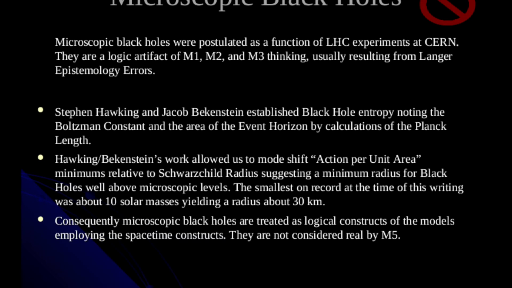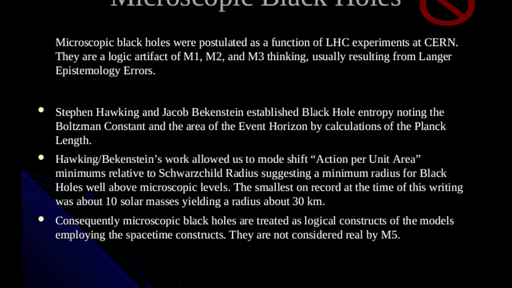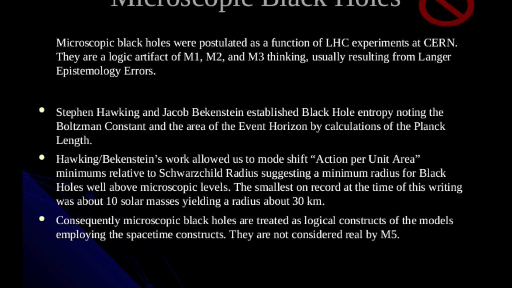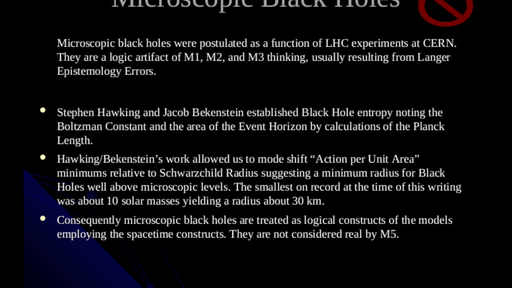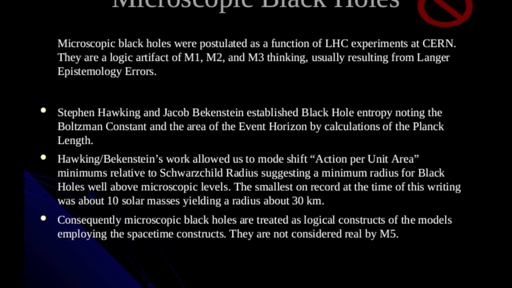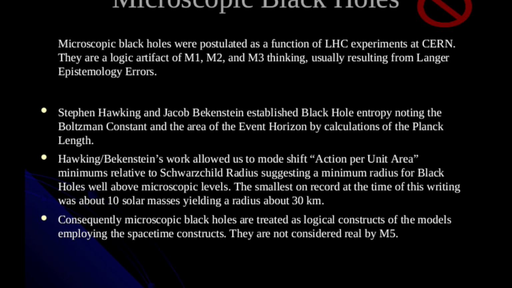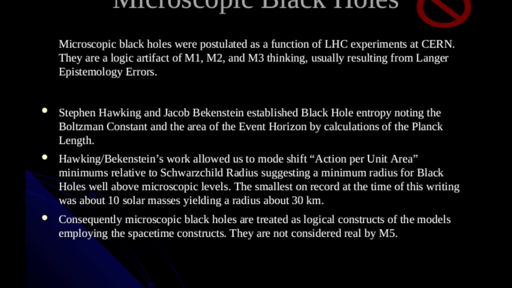Okay, microscopic black holes. This came up when the Large Hadron Collider was in operation at CERN, and they were doing some experiments there, and everybody was saying, oh, well, it's going to produce black holes. They're going to zip off at the speed of light, and they're not going to affect anything, blah, blah, blah. Well, no. They didn't produce any because there's a minimum size.